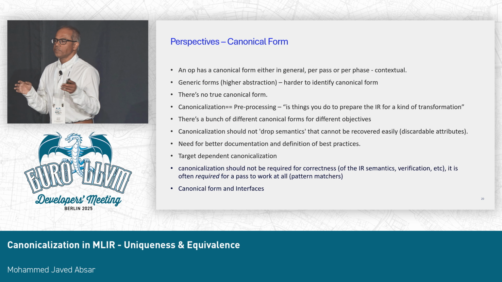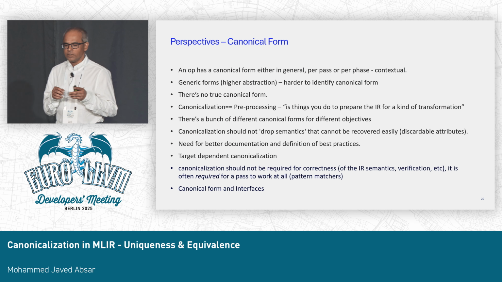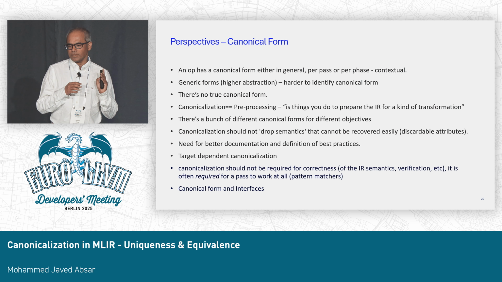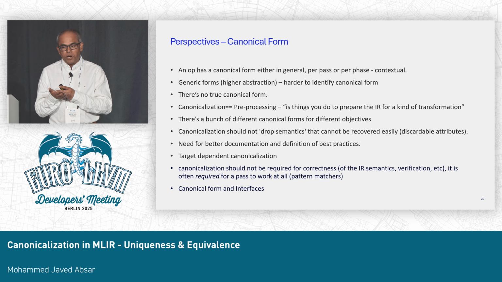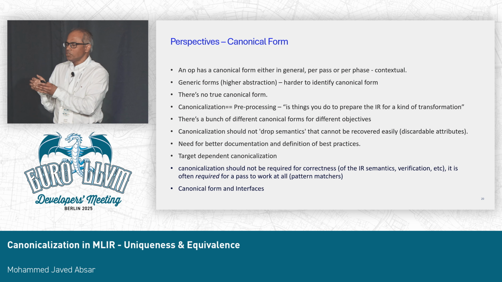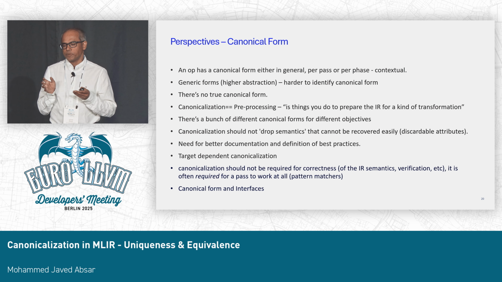Therefore, there's been a lot of discussion on this. I'm just trying to bring to the audience all the different perspectives. I'll run through a little bit. An op has a canonical form either in general, which is hard, or per pass, per phase. The more contextual you make it, the more agreement you have: this is what you're doing, this is my canonical representation.